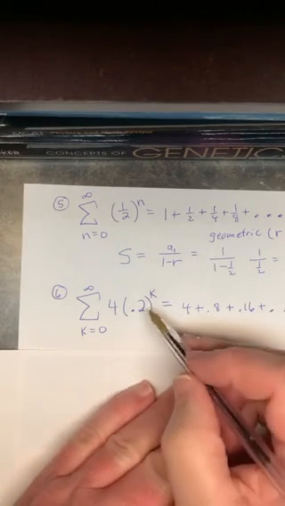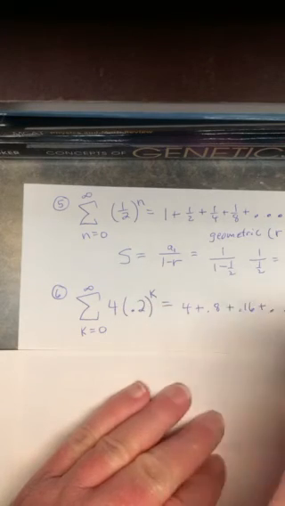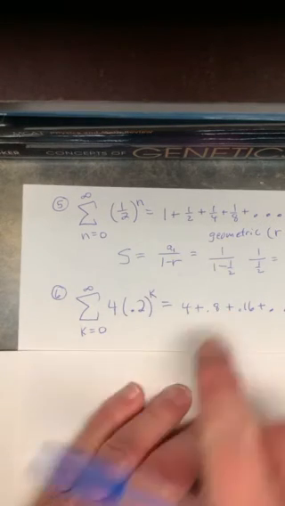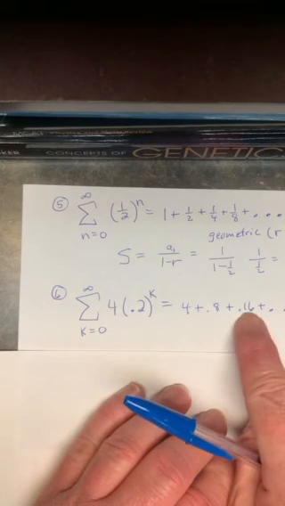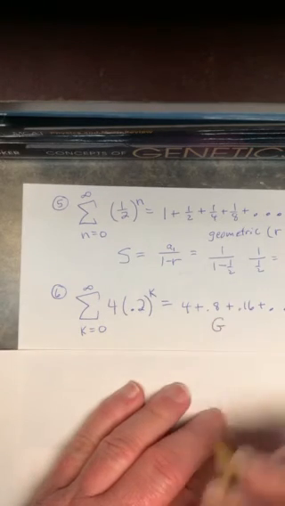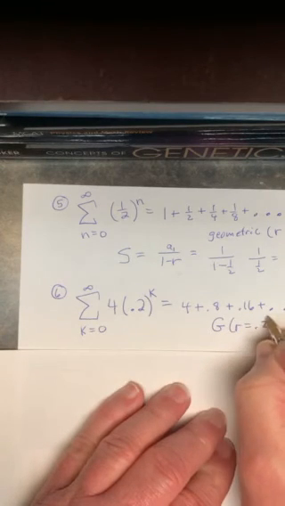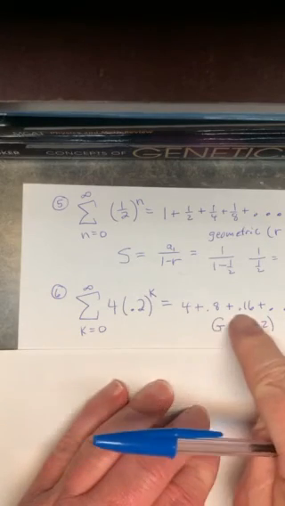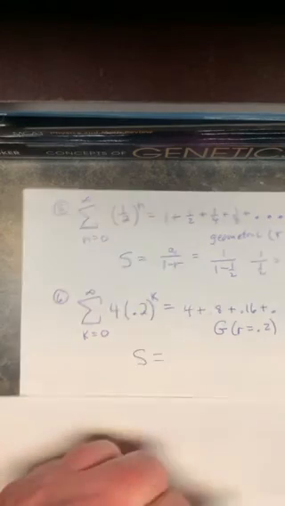Guys, and again, my hint is, look, that's probably a ratio of 0.2, isn't it? If I took 4 and I times it by 0.2, 4 times 0.2 is 0.8. 0.8 times 0.2 is 0.16. So this is a geometric series whose ratio is 0.2, which is less than 1, meaning this infinite series of numbers actually has a sum, doesn't it?